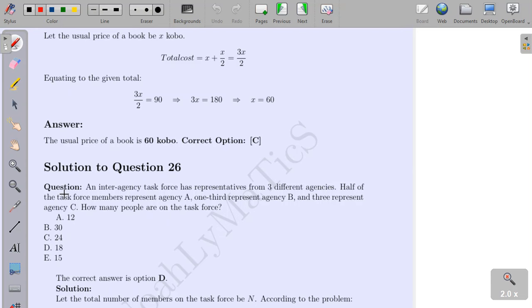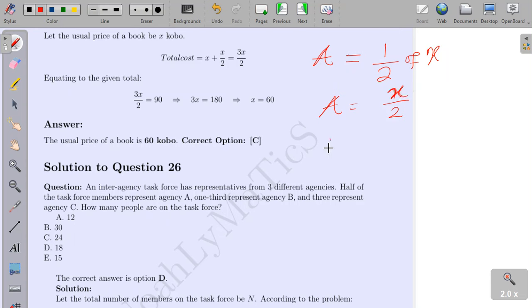Half of the task force members represent agency A. For agency A, how many task force members do you have? Half of the task force members. Let's say the task force members represent X. I don't know how many members I have. So that means from agency A, we have half of X. That's X over 2.